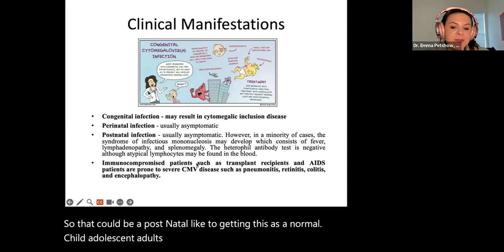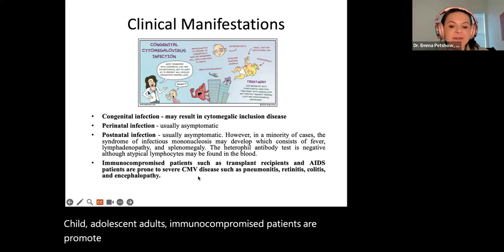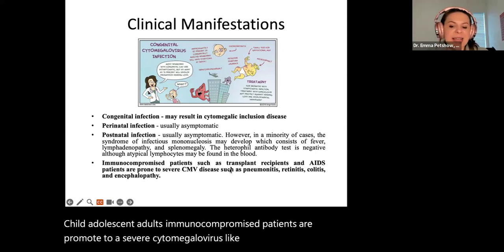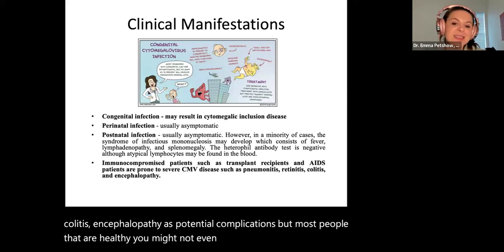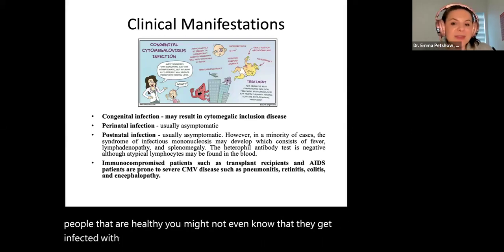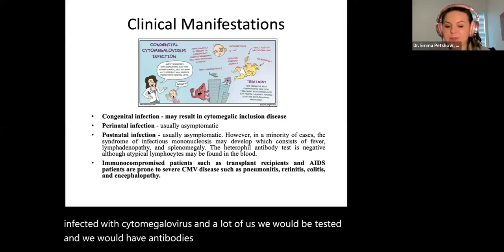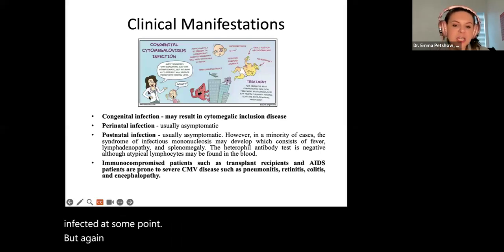Immunocompromised patients are prone to severe cytomegalovirus, like pneumonitis, retinitis, colitis, and encephalopathy as potential complications. But most healthy people might not even know that they get infected with cytomegalovirus. And a lot of us would be tested and would have antibodies indicating we've been exposed or infected at some point. But again, the concerning one would be congenital infection.